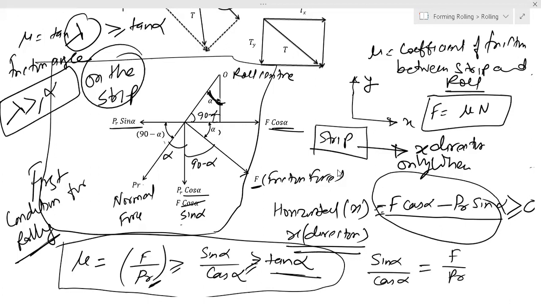PR sin alpha in a negative x direction. We are doing only 2D analysis, for simplicity. PR sin alpha acts in the negative x direction.